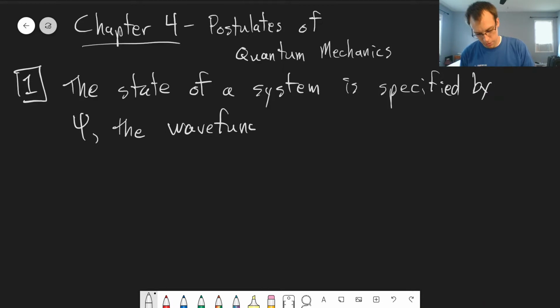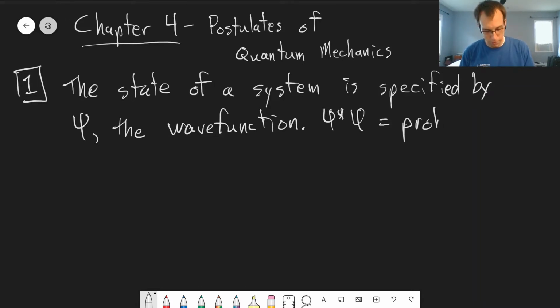All right, so we have this wave function. Now, it doesn't tell us a lot about the wave function, just that there is such a thing as a wave function. And the other postulate is that psi star psi is equal to the probability distribution.